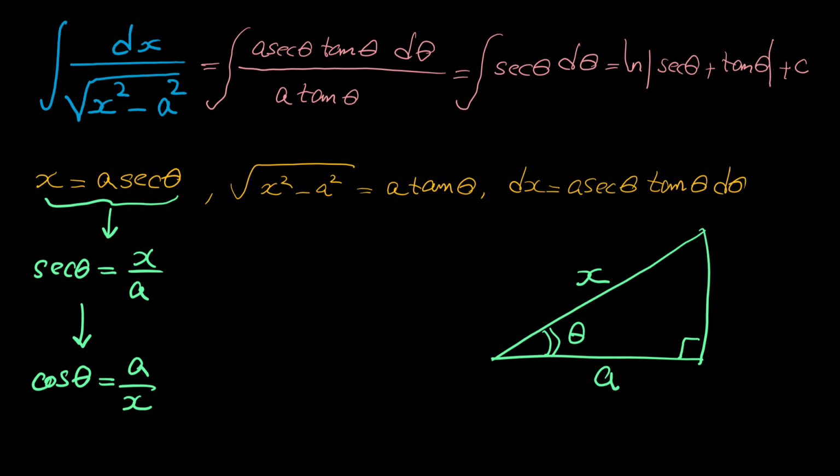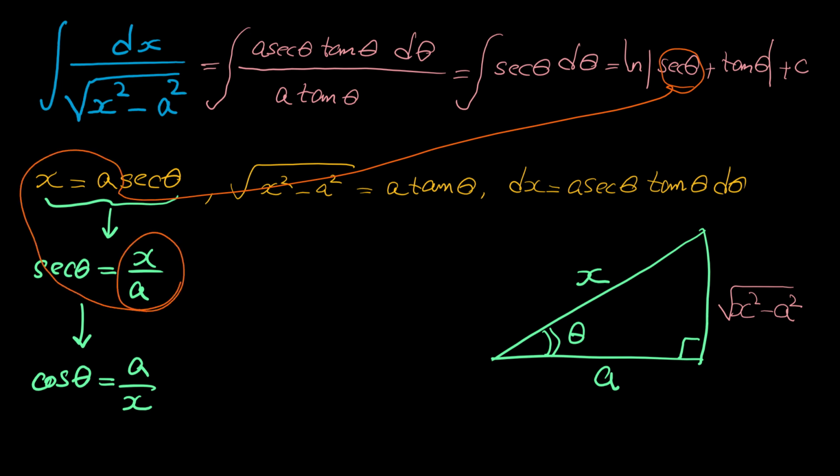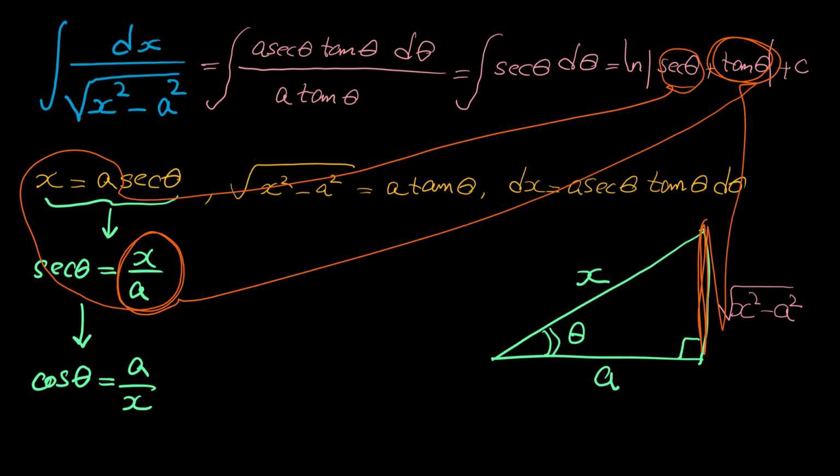By the same calculation that we did in the previous question, we can show that this side is radical x squared minus a squared. So everything is ready to be substituted. What is secant theta? Secant is x over a. What is tangent? Tangent is opposite over adjacent.